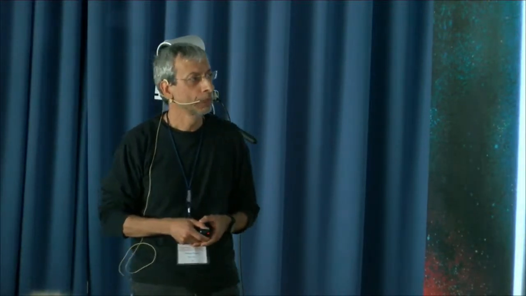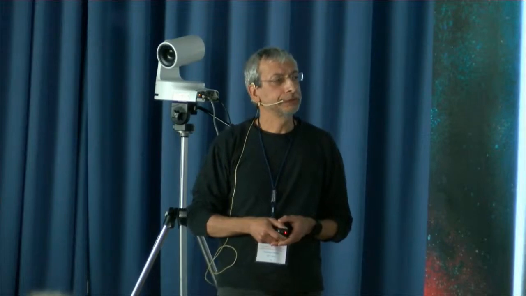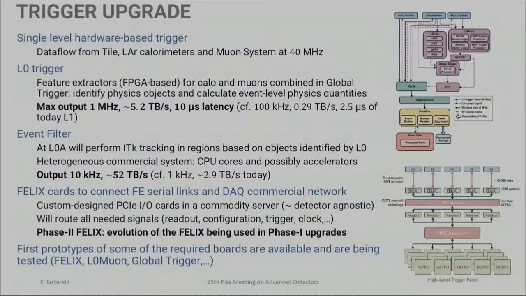They will route all the needed signals: readout, configuration, trigger, clock, and so on. The FELIX that we will have in Phase 2 is an evolution of the FELIX that we are already using now for the systems that were upgraded in the past year, in Phase 1. And we already have first prototypes available for FELIX, Level 0 muon, global trigger, and so on.